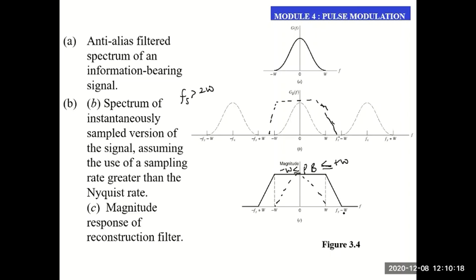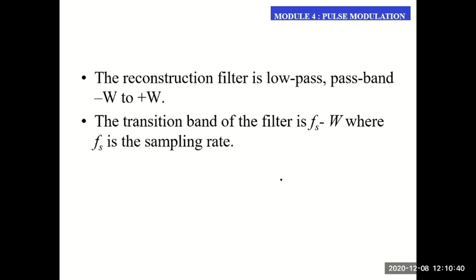From W to Fs minus W, this point, Fs minus W, it can have a transition band. So this filter ends here. The next filter response comes something like this. It won't take out any parts of the unwanted signal. Only the required signal it will filter if these characteristics are correctly followed.